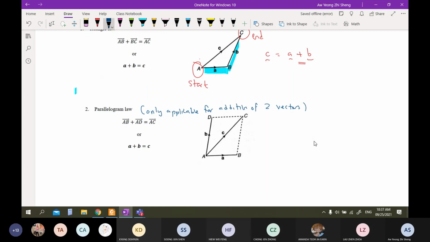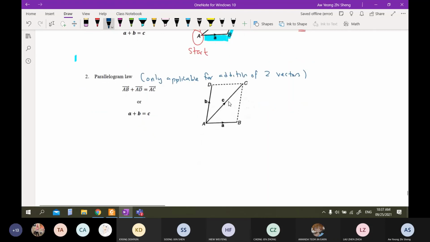So the idea is this: if you want to add up vectors A and B, in this diagram A and B are the components to add up. We all know that the resultant can be found using the triangle law. You can keep your vector A like that, but your vector B, remember vectors are free, so you can always move vector B to this side, maintaining the length and direction.